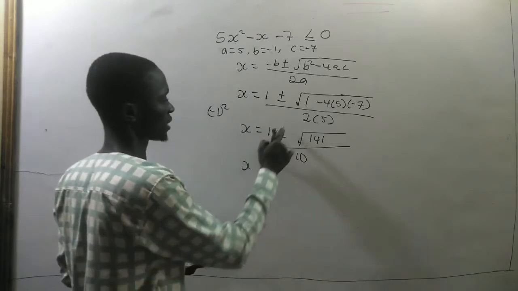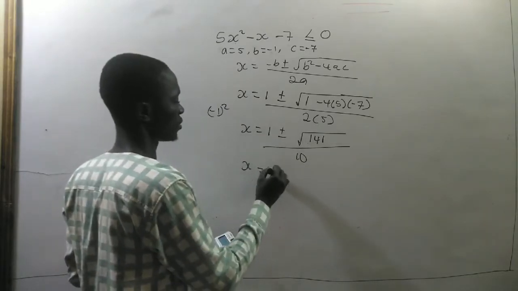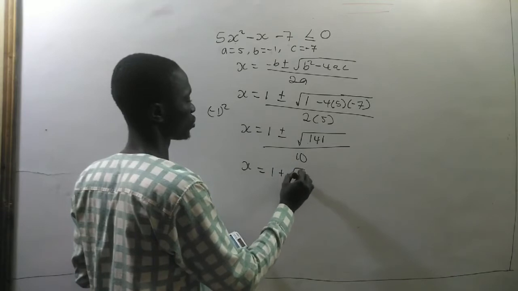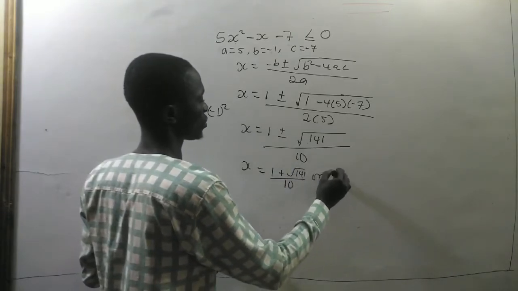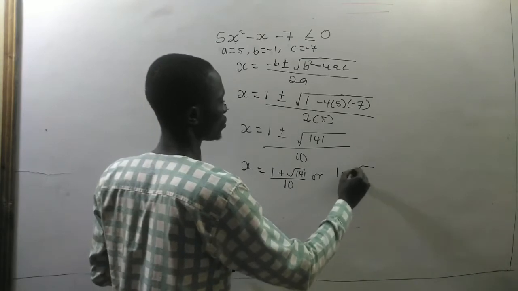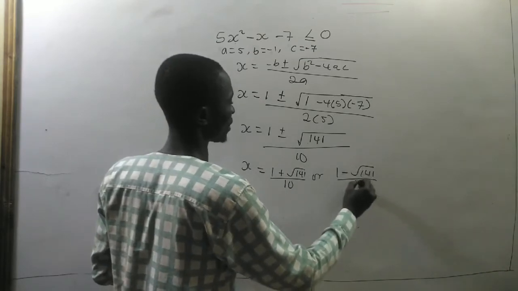So we take the sign in 10: 1 plus the square root of 141 divided by 10, or 1 minus the square root of 141 divided by 10.